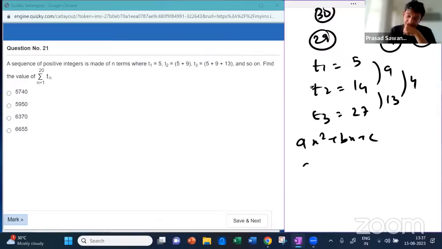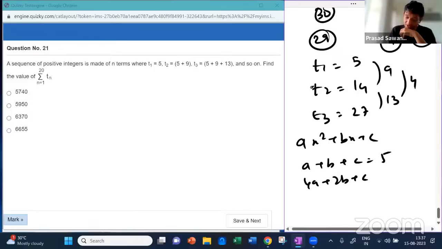If I take 1, then a plus b plus c is 5. If I take 2, 4a plus 2b plus c is 14. And if I take 3, 9a plus 3b plus c is 27.